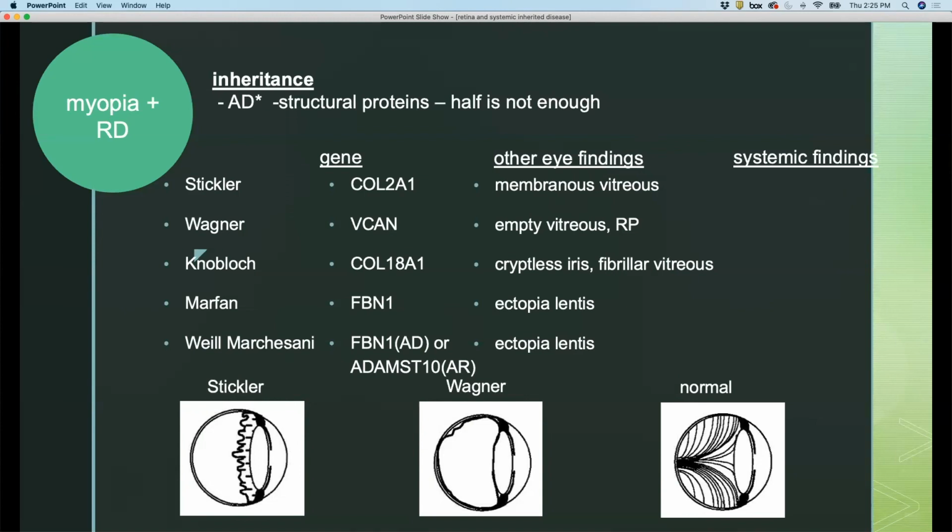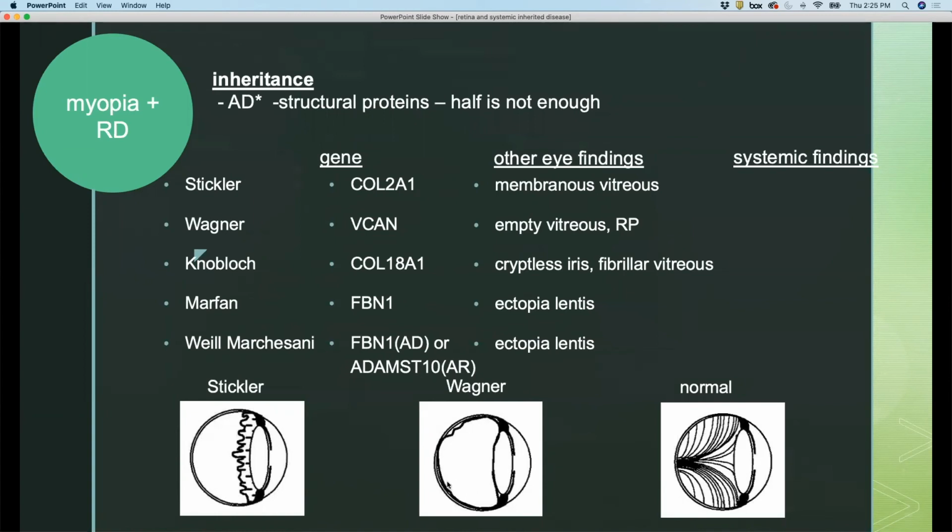Normally in kids, the vitreous is really clear, and in old people there are fibers you can see at the slit lamp. But in Stickler, you can see fibers even in kids, and then there's a membrane behind that, and behind that membrane you don't see any more vitreous. So you could use the words optically empty to refer to this space in the back where you don't see any vitreous.